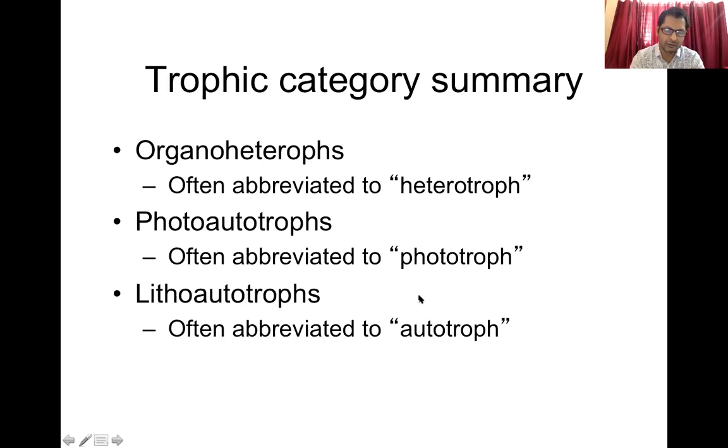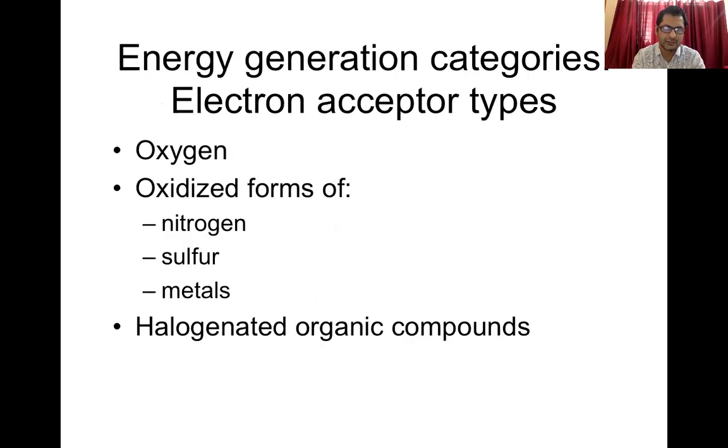We should understand autotrophs are the ones who make their own food, who use light energy or chemical energy for preparation of their own food. When they use light energy, these are phototrophs. When they use chemical energy, these are lithotrophs, and both of them together are known as autotrophs, while the organoheterotrophs are the heterotrophs, which use organic compounds for carbon and energy.